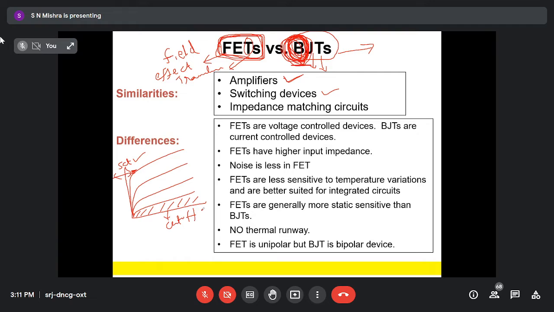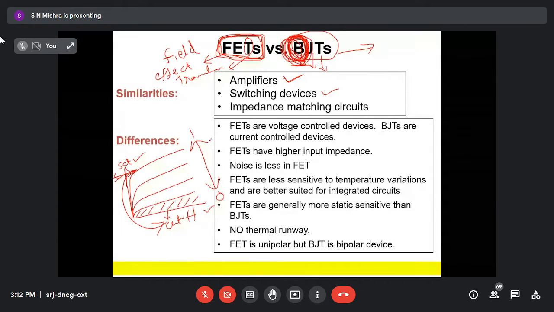If I want to operate it in off condition, I can operate it in cutoff region. That means if I switch the transistor between saturation and cutoff region, then I can use 1 and 0, toggling between 0 and 1, on condition, off condition. Okay, so a transistor can be used as a switch like a diode.